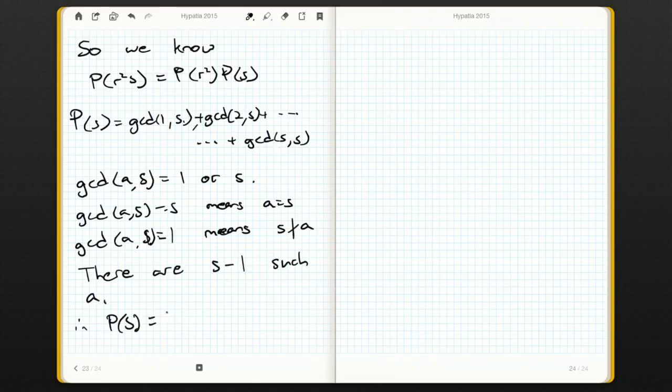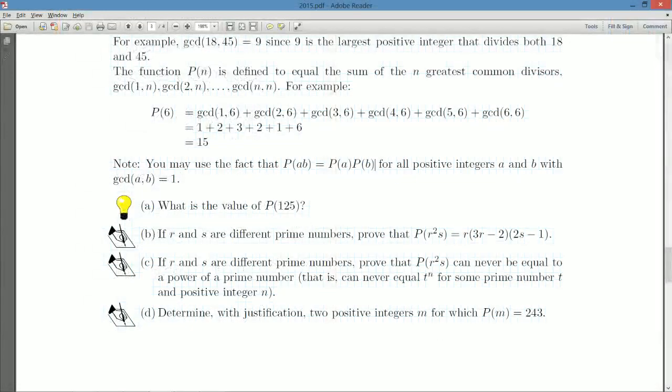So P of s is going to be 1 times s plus s minus 1 copies of 1. And that's going to be s plus s minus 1, or 2s minus 1. And if we go back and look, part of what we needed is a 2s minus 1. So we're certainly on the right track.